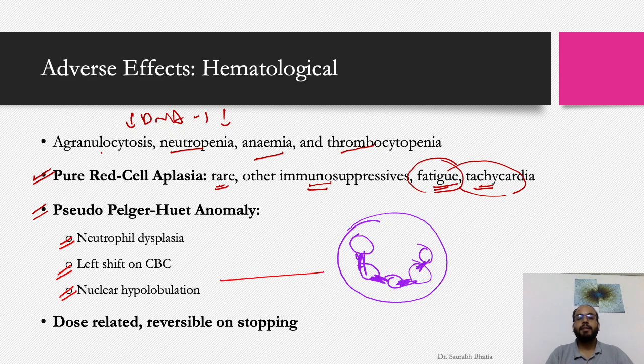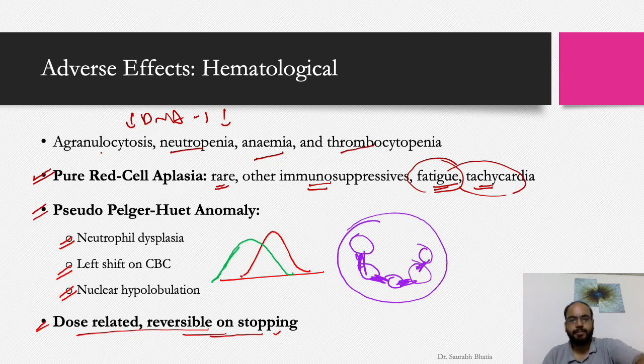So in complete blood count, if this is the neutrophil distribution, it shifts to the left hand side like this. So if this is the normal one, it gets shifted towards the left hand side. That means much more immature neutrophils are seen in circulation. Clear? It is dose related and it's reversible on stopping the medications.